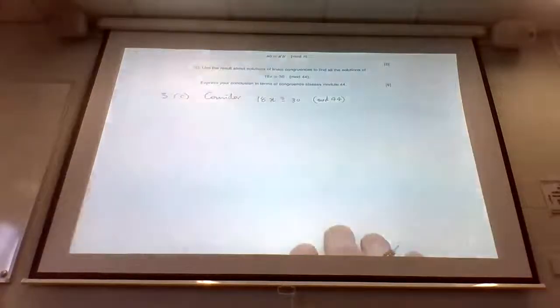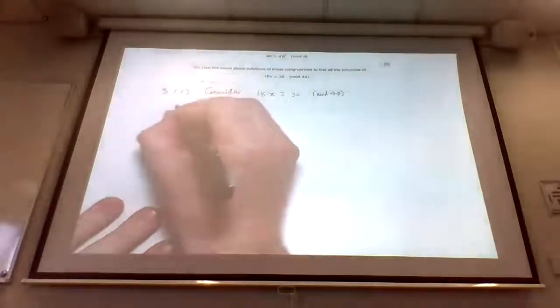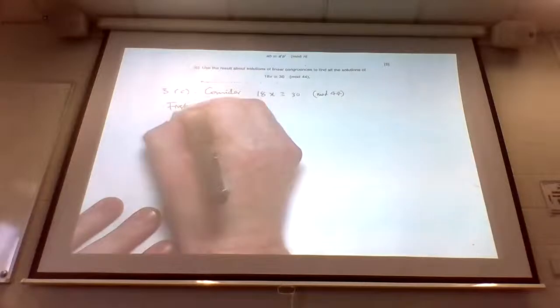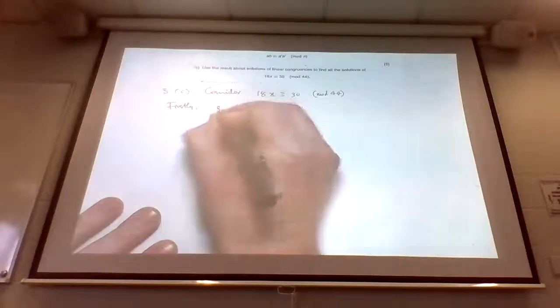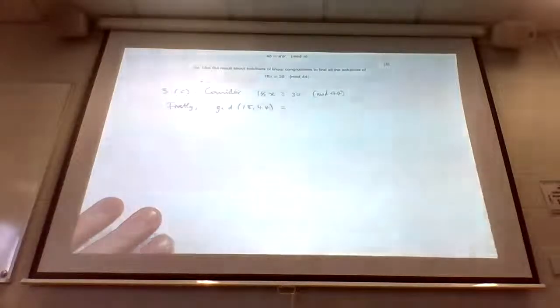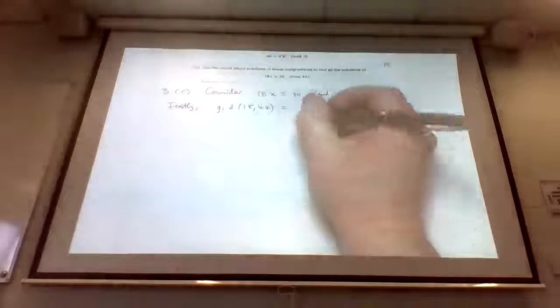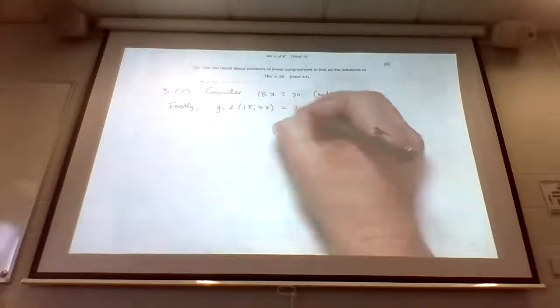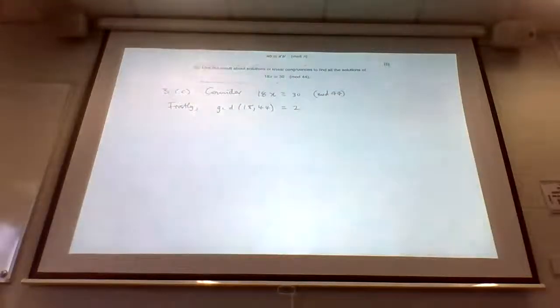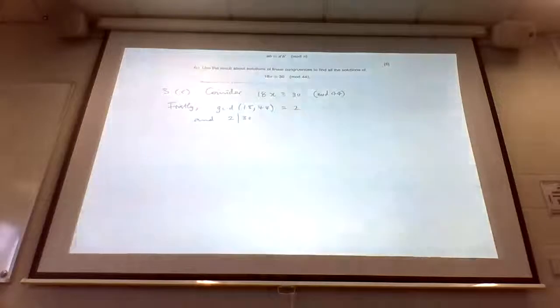So the first step here is to examine the greatest common divisor of the x coefficient with the modulus. So firstly, GCD of 18 and 44, and that's 2 by 9, so it's just going to be 2, isn't it? GCD is 2. And 2 does divide 30, the constant coefficient.